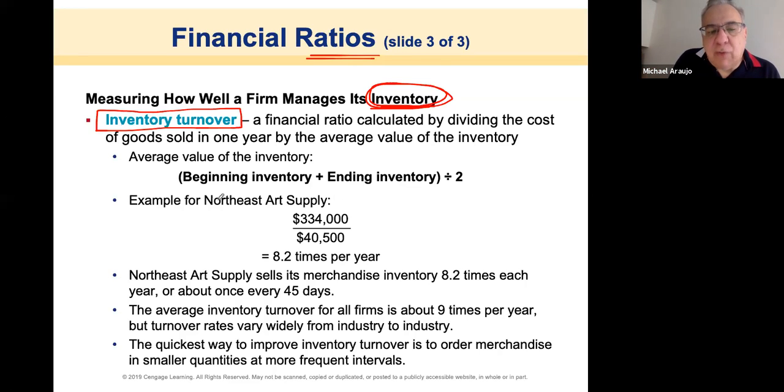Okay, so for Northeast Air Supply, they've sold $334,000 worth of inventory that year, and they have $40,000 of inventory in the store. So basically speaking, they have sold their inventory 8 times per year, okay? 8 times per year is a very rapid pace to sell inventory. It's usually a very good thing.